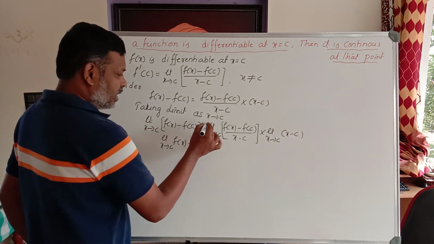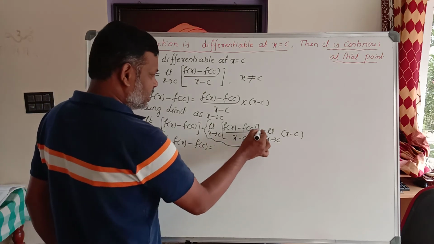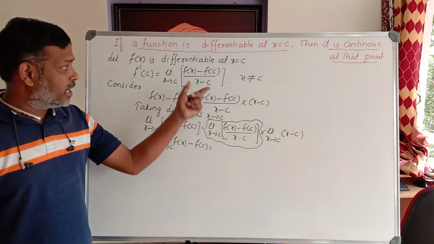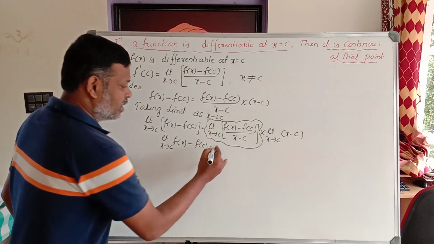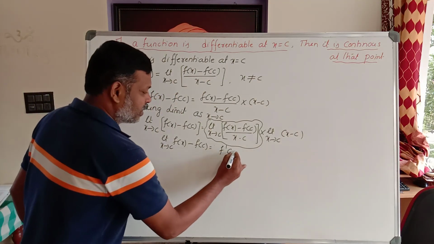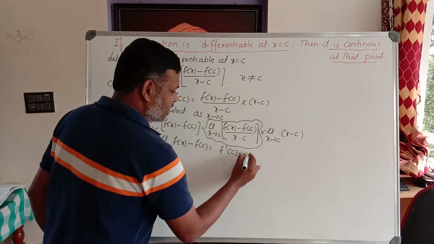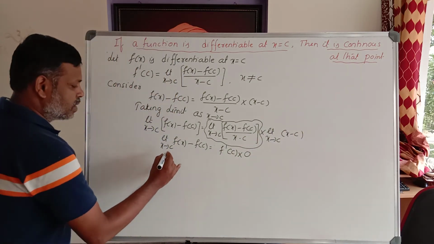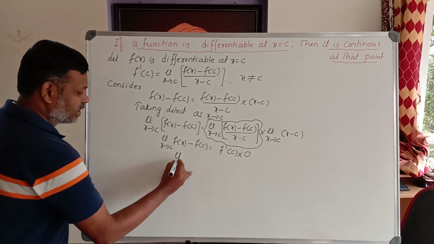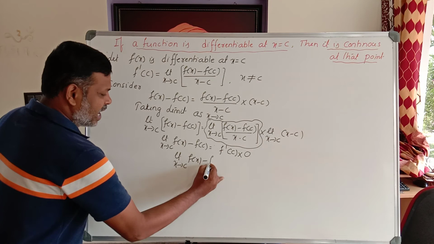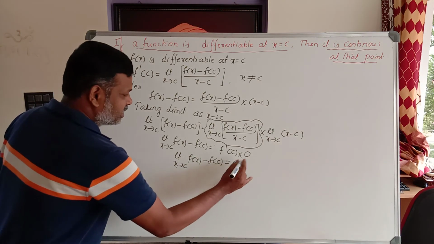Now observe. Limit x tends to c, f of x minus f of c divided by x minus c, is nothing but what? F dash of c. Into, as x tends to c, this becomes c minus c is 0. Now what happens here? Limit x tends to c, f of x minus f of c is equal to 0.